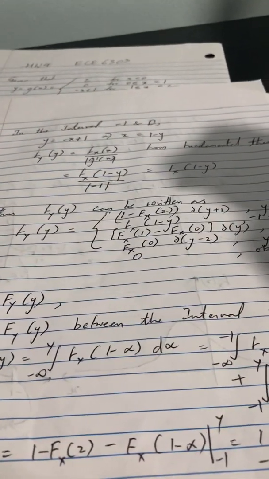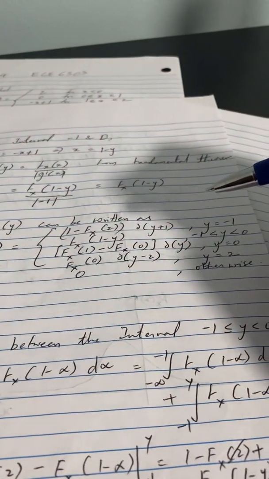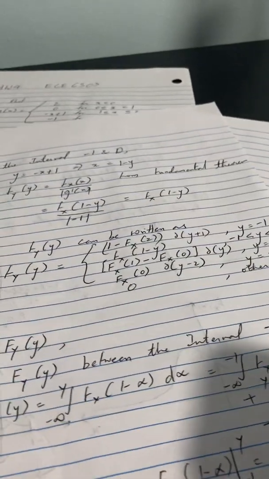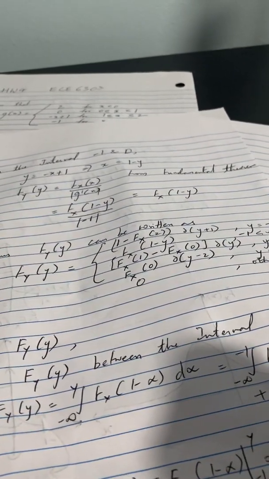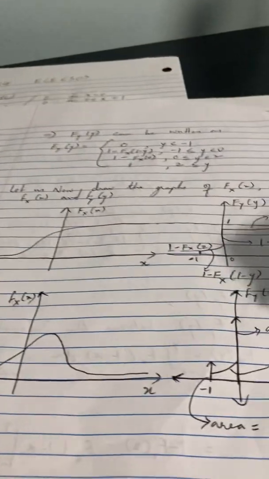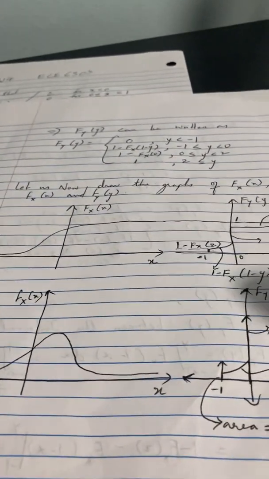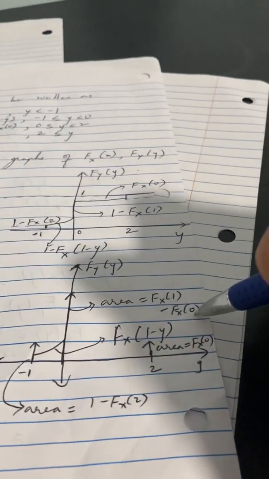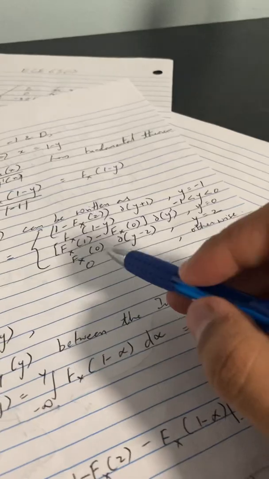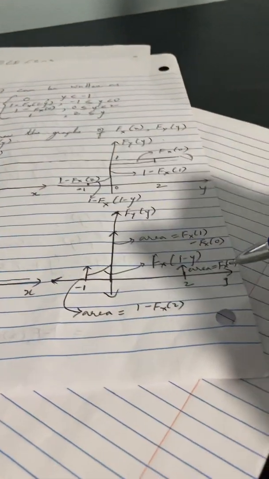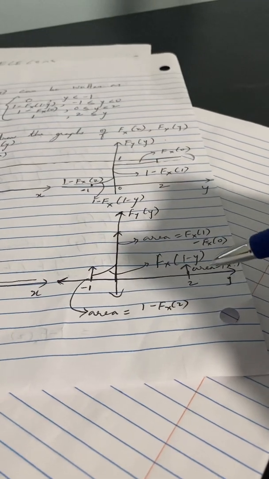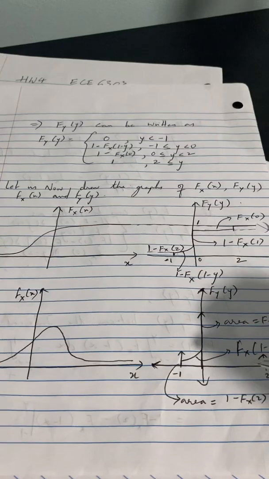At y equal to 0, it's F of x at 1 minus F of x at 0. And at 2, it's F of x at 0 times the impulse of y minus 2, so at 2 there's an area of F of x at 0. That's it. This is how I've calculated and solved the answer.